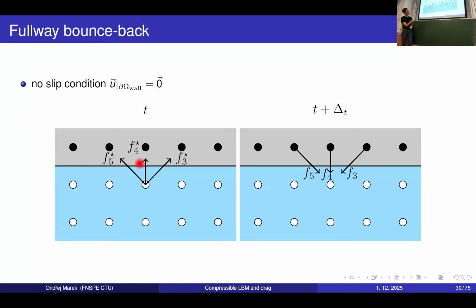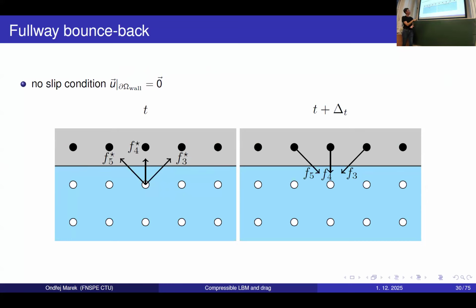During the streaming, we have some recomputed distribution functions which should go out of the lattice, and we add a set of ghost nodes into the wall, and these nodes basically, when they receive some distribution function, they flip it so that they can then model that the velocity is 0.